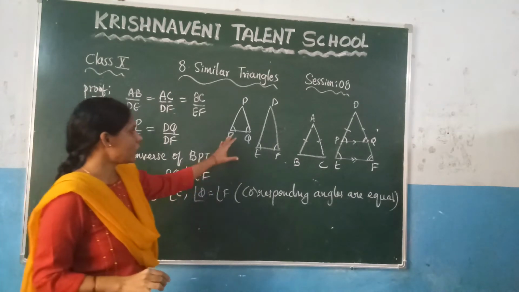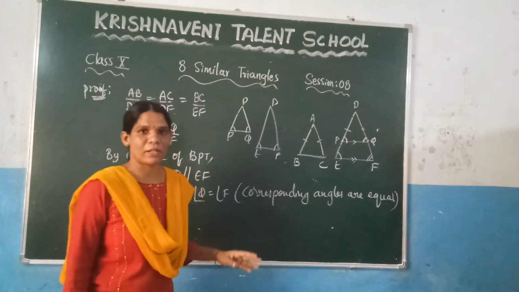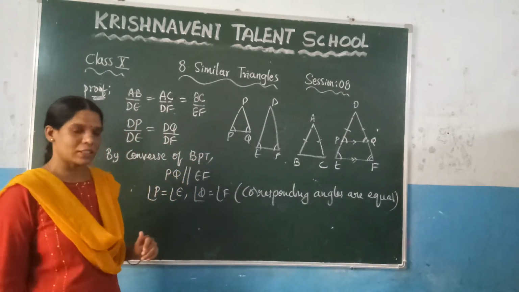And you know that in a triangle, if two angles are equal, then the other angle is also equal. Why? By the angle sum property. You know that, right?